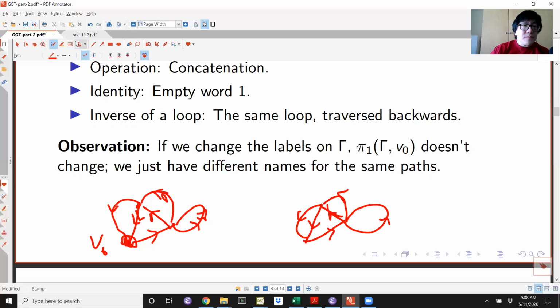If I take that same graph, and instead of having our initial alphabet, where some edges are labeled 1 with 1 arrow, some are labeled 2 with 2 arrows, and some are labeled 3 with 3 arrows, I just pick a different letter for each edge.